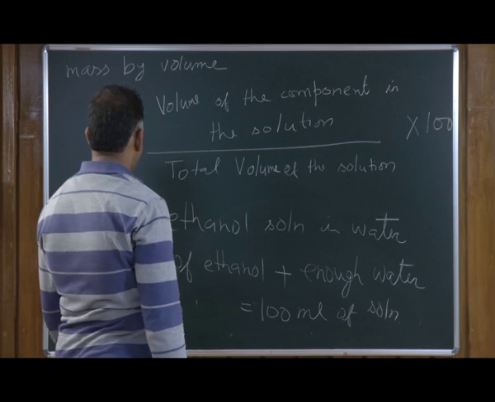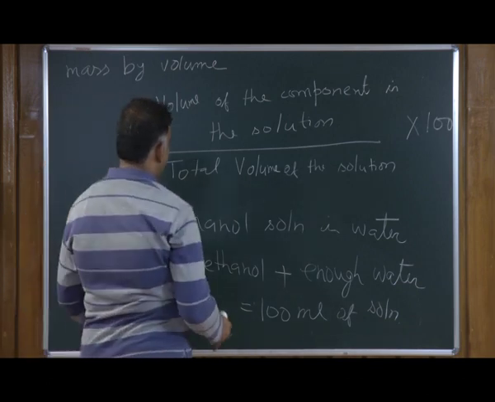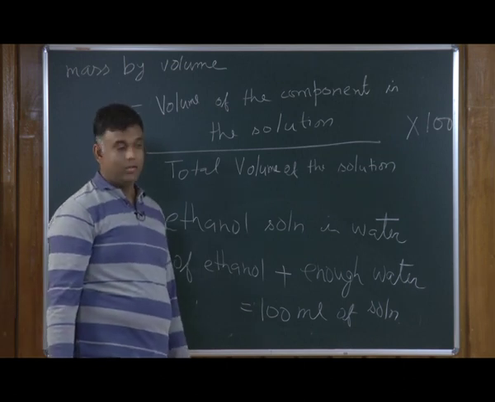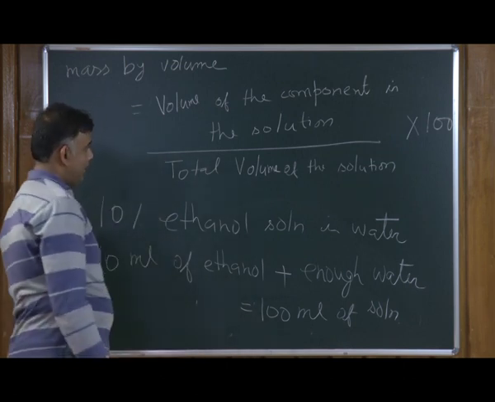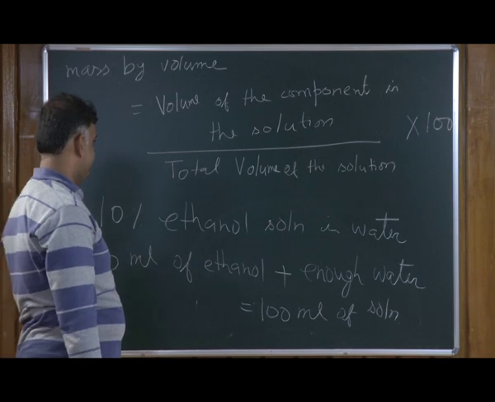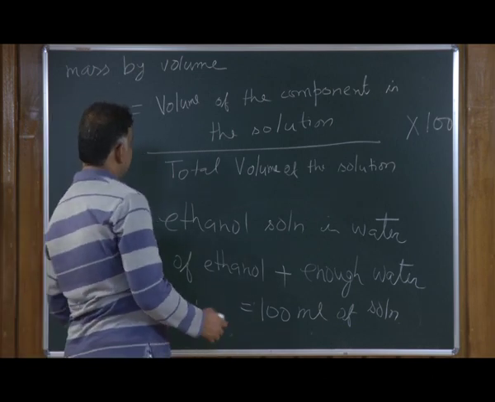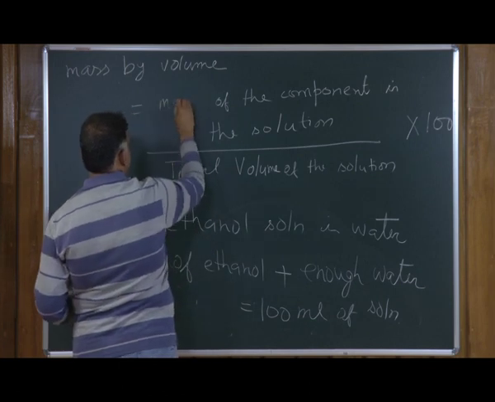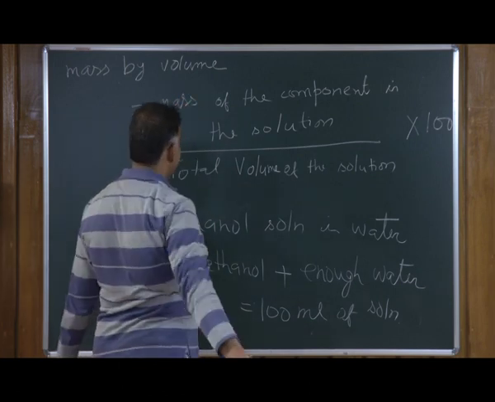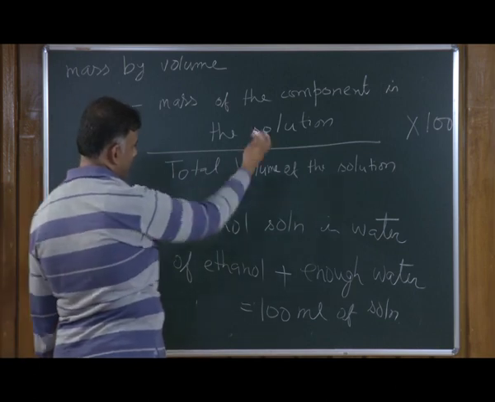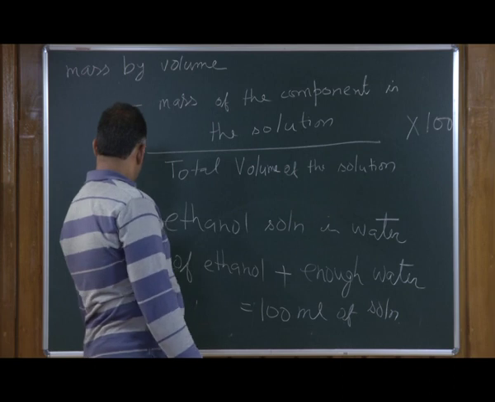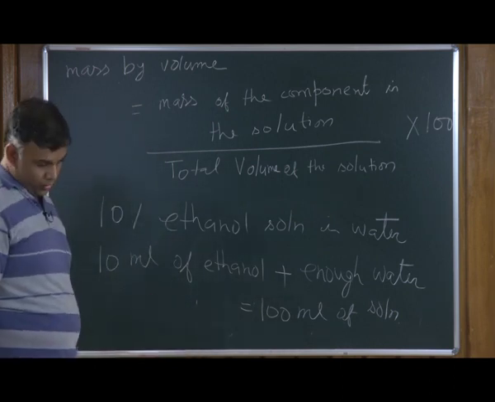So, that is mass of the component in the solution in 100 milliliter of solution. So, this would be mass of the component in the solution and total volume of the solution, that would be mass by volume.